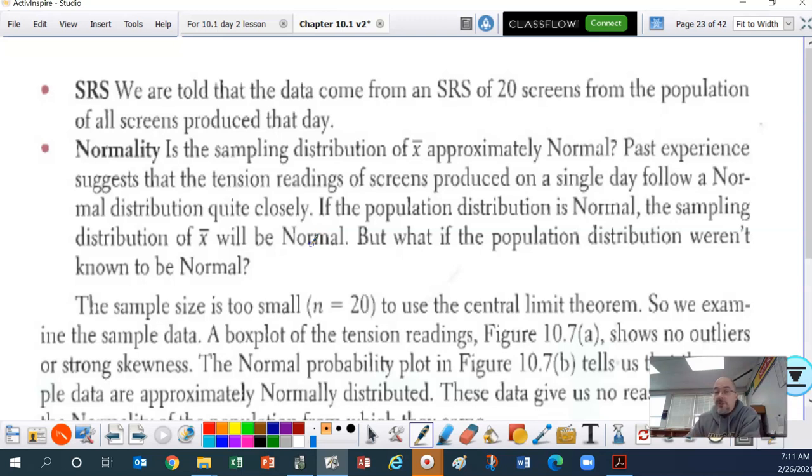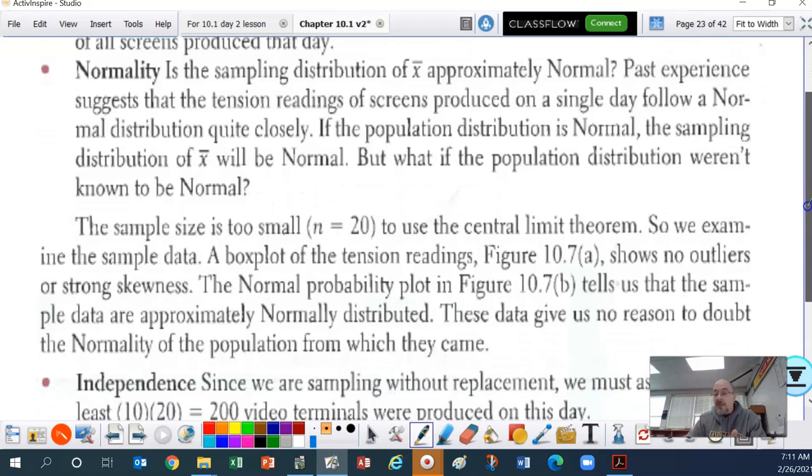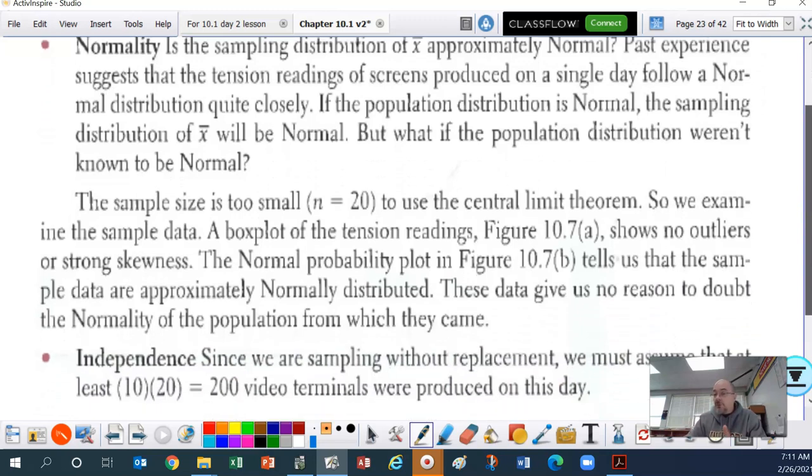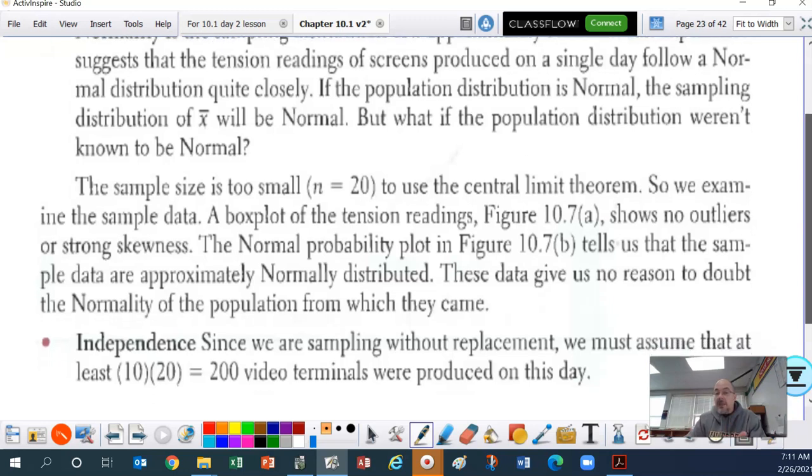But what if the population distribution weren't known to be normal? This is what we do if that was not known. The sample size is too small to use the central limit theorem, so we examine the sample data. A box plot of the tension readings, which we'll look at shortly, shows no outliers or skewness.